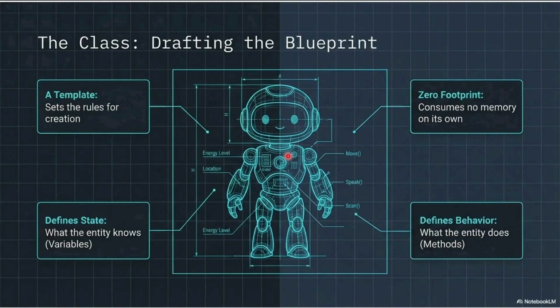Understand that in Java, classes do not consume any kind of memory. What I mean by that is, if you're really new to coding, you should know this: whenever we write a simple Java program, that program is loaded into the memory. Which memory are we referring to?